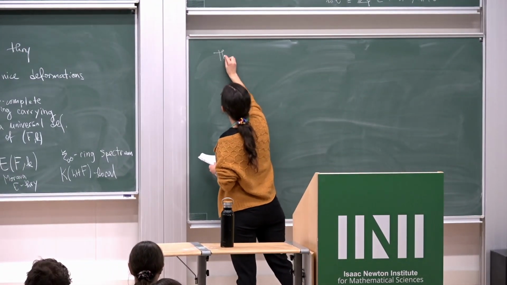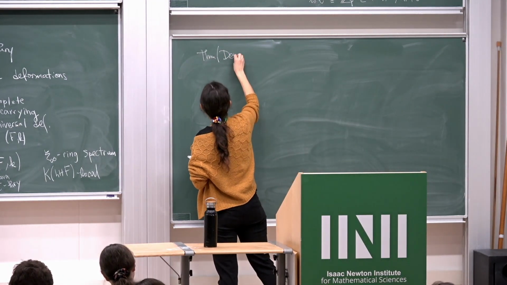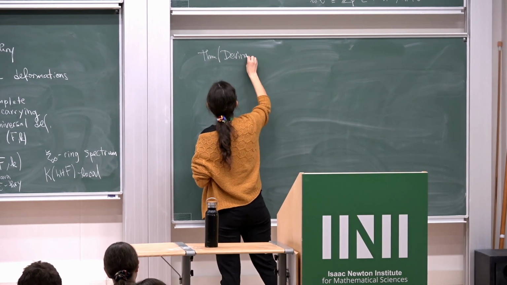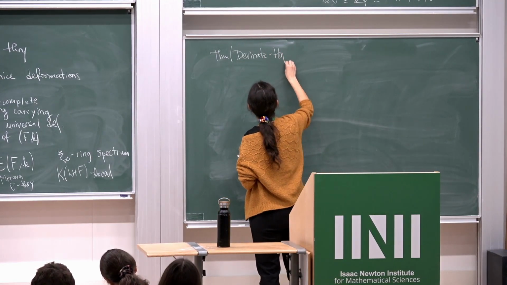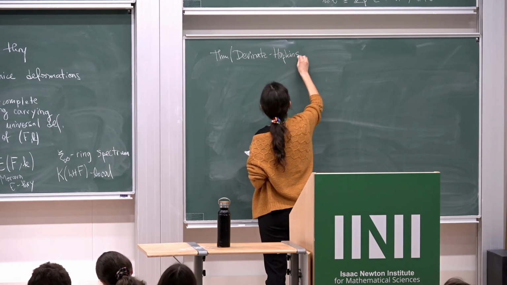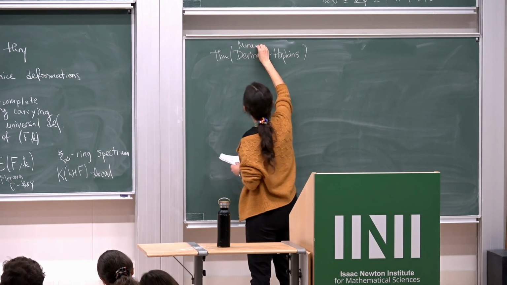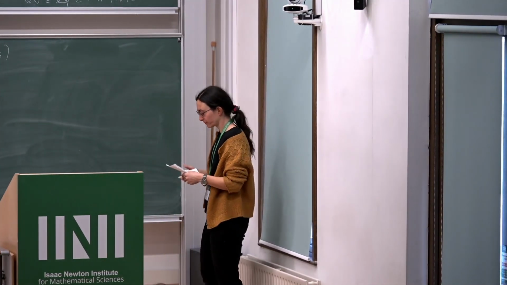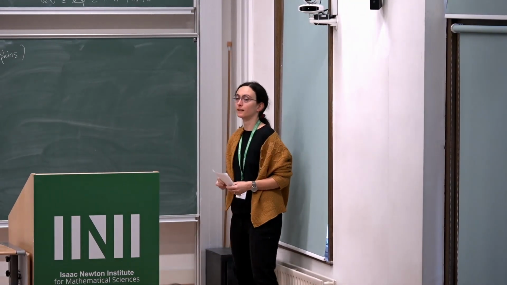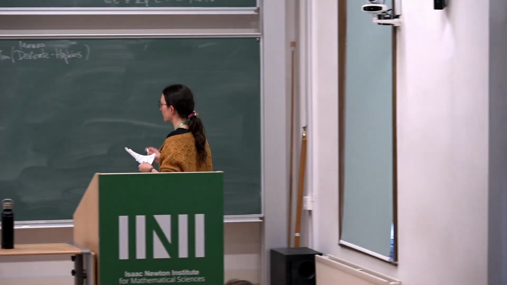So theorem, like I should put a bunch of names here. I mean, in this version it's Devinatz and Hopkins, but probably worthwhile also saying this is due to Morava, because I guess he had a sense for this before there was the technology to make it precise.